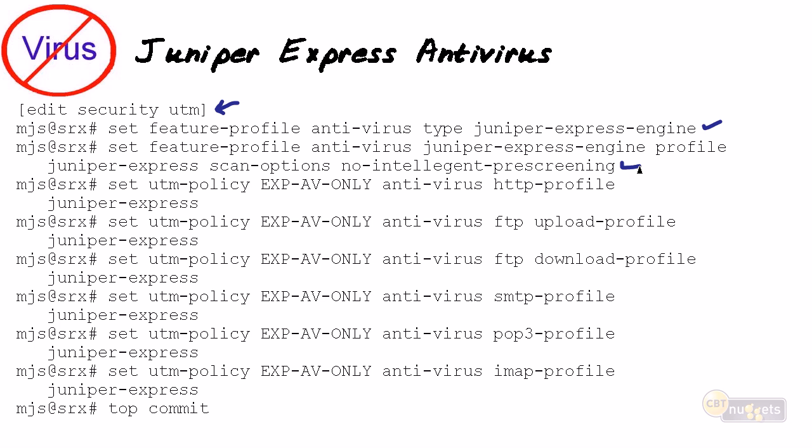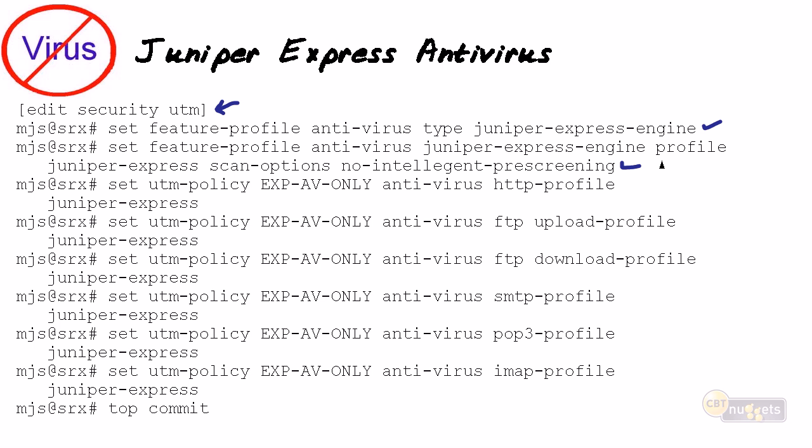And so we need to turn this feature off on the Juniper Express engine because it's overhead that frankly our SRX 210 wouldn't be able to handle. Something else that we're not going to be able to do in the scan option here in Express Antivirus is scan by extension. So for example, we know that we cannot scan file extensions with the Express. If it was Kaspersky, you would be using the Kaspersky by extension scan option.